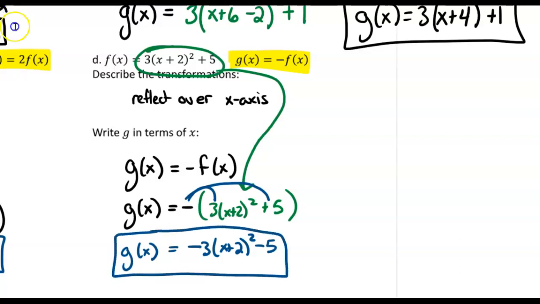Don't do it. So you take the negative and distribute to the 3. There's the negative 3. And the negative, distribute to the 5. There's the negative 5. Okay, and then this parentheses x plus 2 squared, you don't distribute in there because when it has that exponent outside, that is essentially saying you can't distribute into this parentheses until you actually go through squaring everything. Okay, so don't try to do crazy things like that.